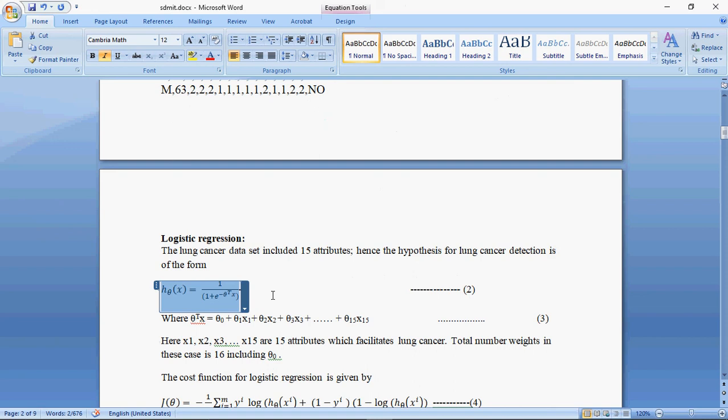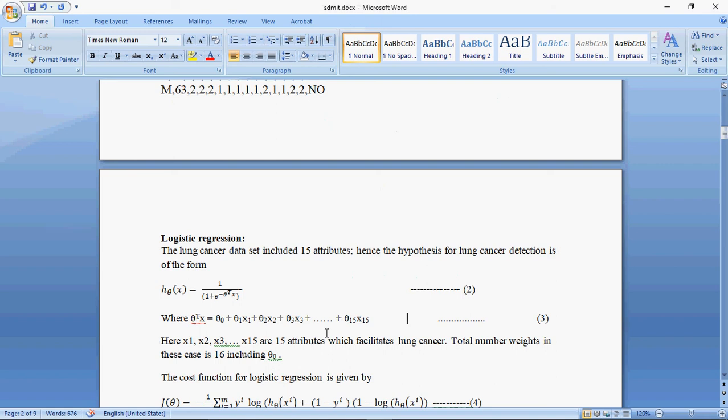Here you first evaluate the weighted sum of the inputs. You define some weights initially, randomly select some weights, and multiply them with all the features.